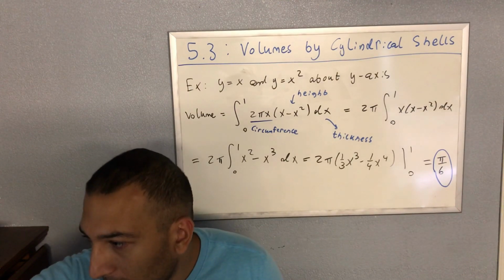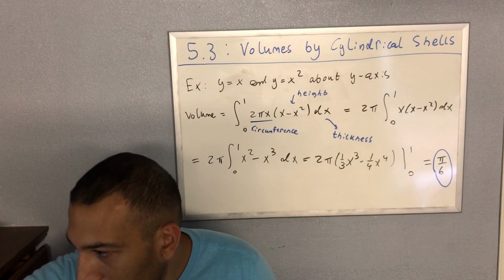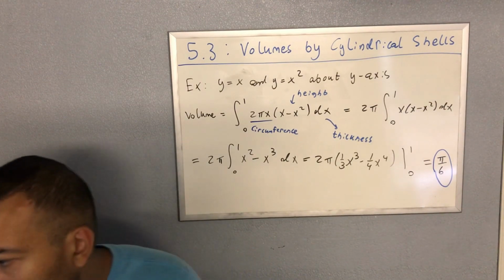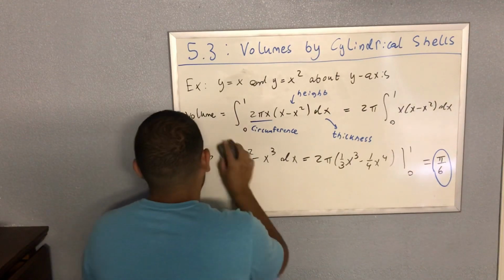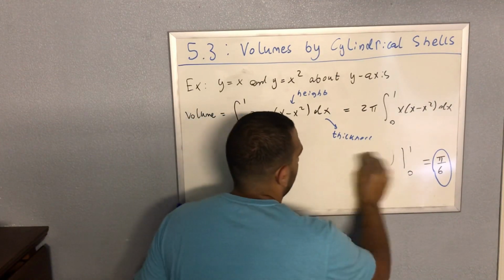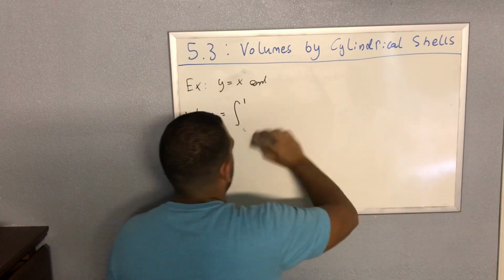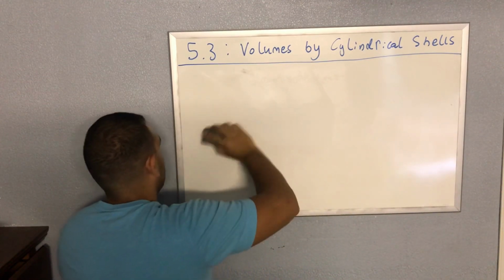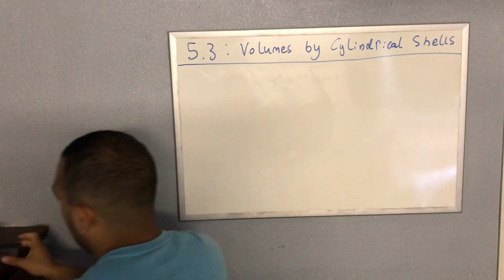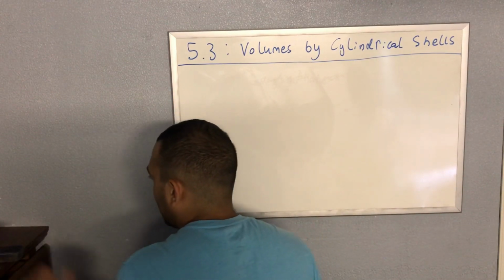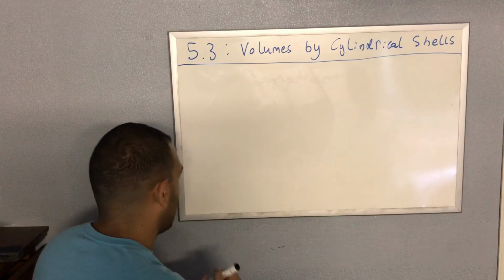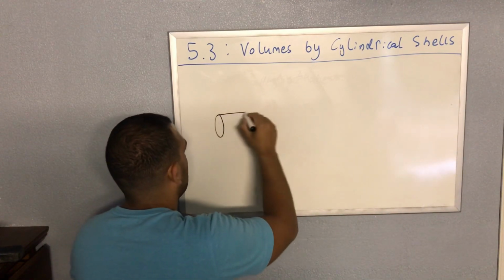And then for our last example, let's do one where we rotate it now about the x-axis. Now if you think about it, when we rotate about the x-axis, the shells will line up like this. They'll look like this.